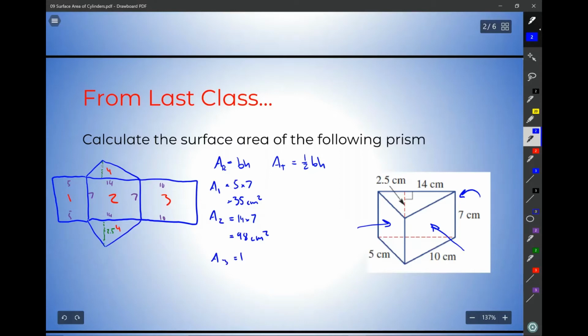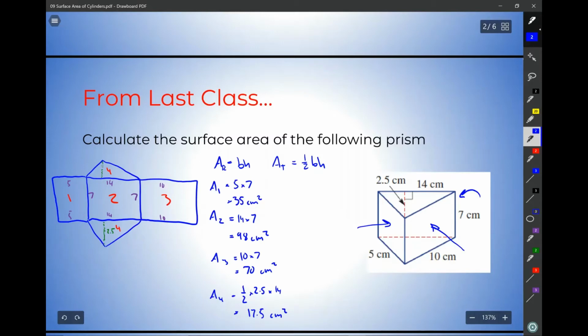And the last one is 10 times 7. And then we have area 4, which is the area of the triangle. And I'm going to put this one in my calculator. 17.5.